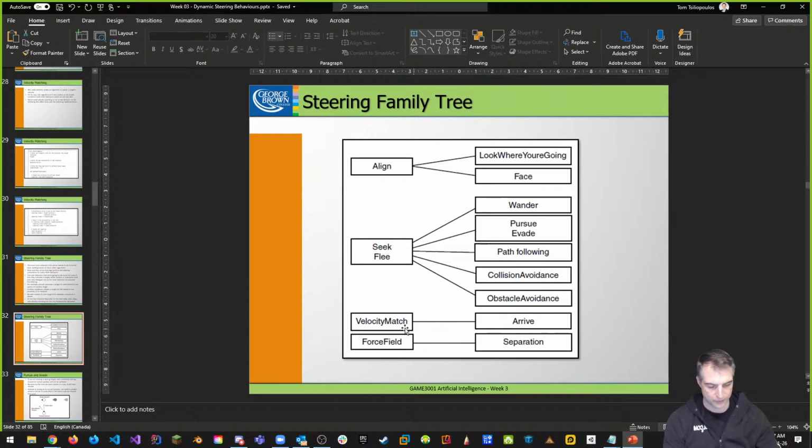And there's also something called force field, where we're going to be talking about separation and cohesion. Especially when it comes to flocking, I'm going to show you a little video, if I can, in lab, where we see some flocking behavior with something called avoidance.